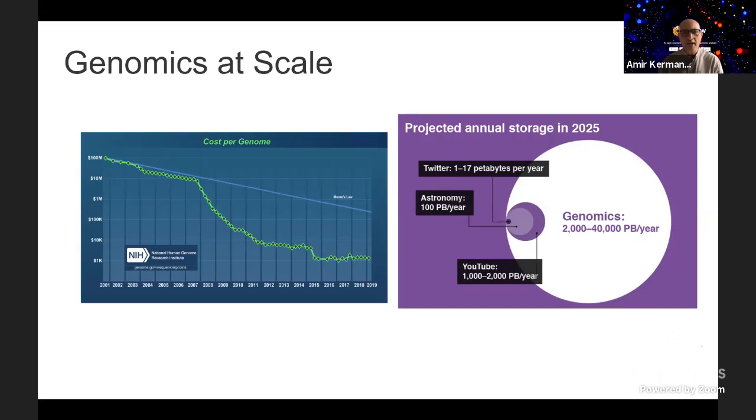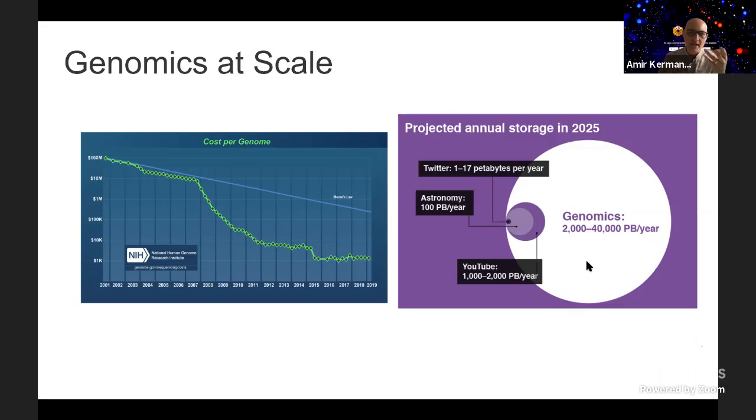As a result, you have a lot of initiatives to sequence every individual, because there's a lot of health-related data, obviously, and we'll talk about what the value in this is. But from a purely technical perspective, when you look at the size of the data, it's pretty fascinating.